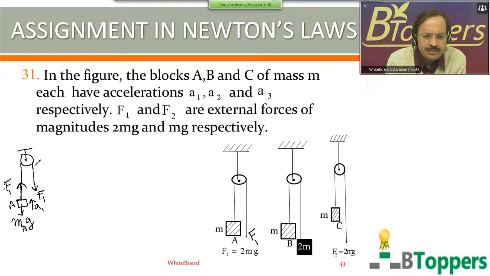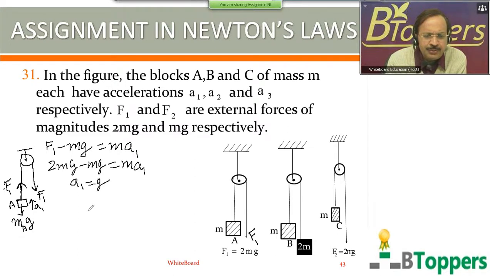So choose the upward direction as the positive direction for the block A. So the resultant for the block A can be written as F1 minus mg. By Newton's second law, this will be equal to the product of the mass of the block A and its acceleration denoted by A1. Substitute F1 equal to 2 mg on the left side and simplify this equation. You get A1 equal to g in magnitude.